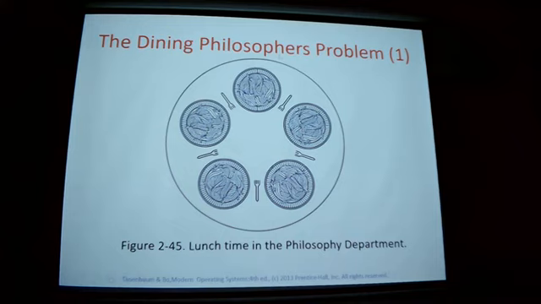So if a philosopher wants to eat the spaghetti, he should pick up 2 forks. It means that the philosopher can eat the spaghetti if and only if he gets 2 forks. So how many forks? 5 forks, 5 philosophers.